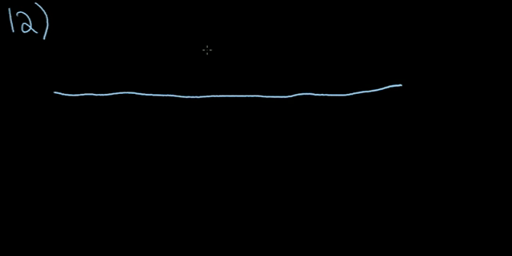Big line. And they're in the same order. So this is not going to be drawn to scale, just to help you visualize what's going on. This is not drawn to scale at all. Remember that.